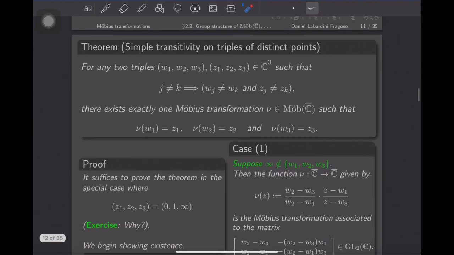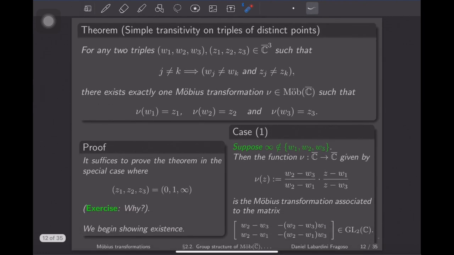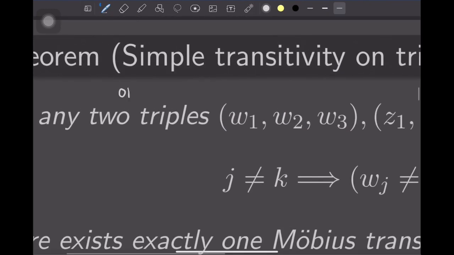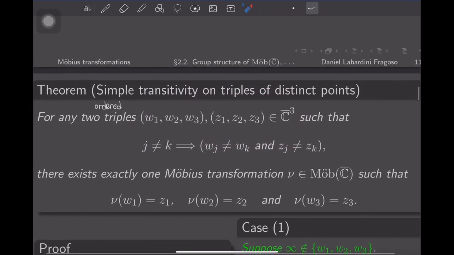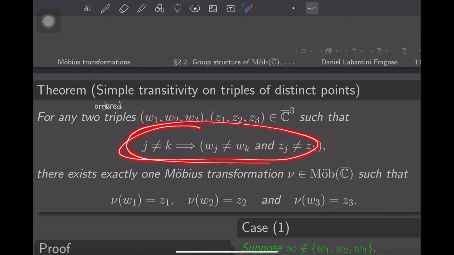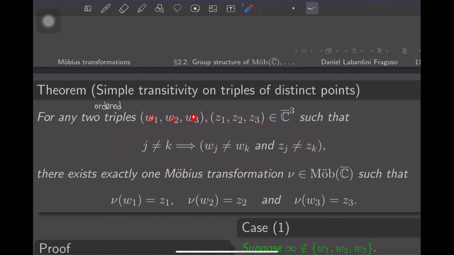The simple transitivity, as I said at the very beginning, states that if you give me 2 ordered triples of distinct points of C bar, where each triple consists of 3 distinct points, that is, these 3 are different, and these 3 are different, although of course there could be some overlap between this and that.